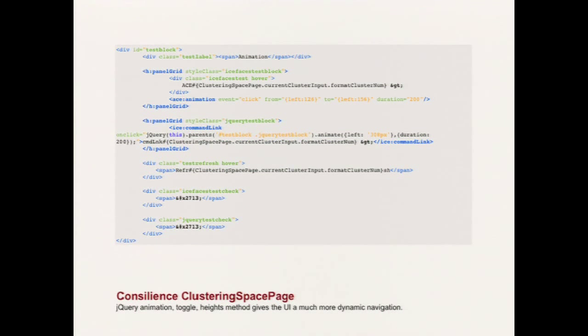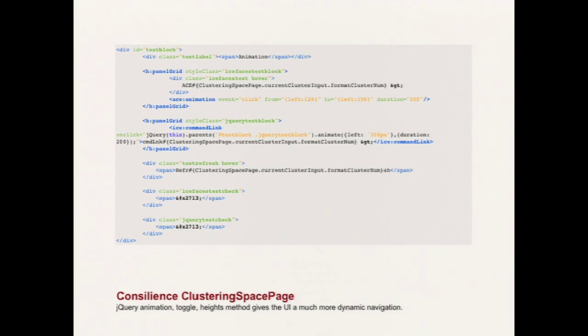Here we have the code behind it. You can see the first panel grid is our ACE component, and within that, you can see the one line of code that we have, the ACE animation with the event click and some parameters for positioning and duration.